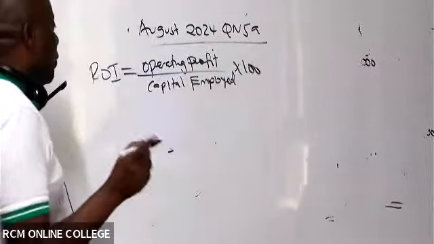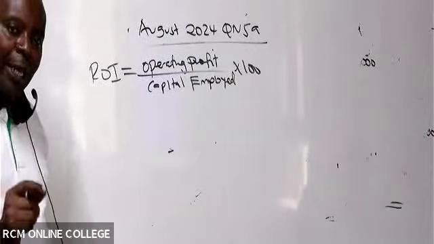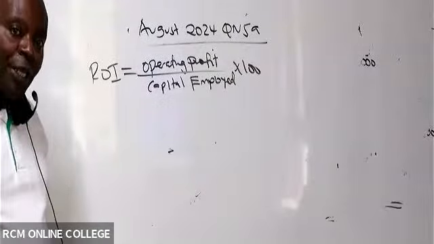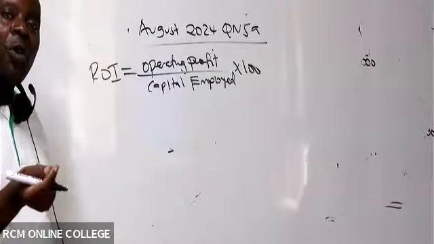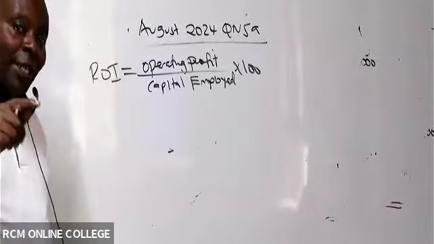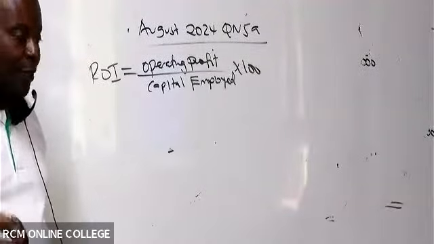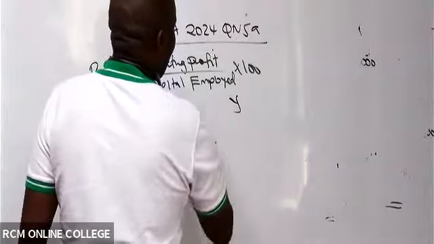Remember, we have 2 types of ROIs: the operating ROI, where you use operating profit, and the net ROI, where you use PAT, profit after tax. We have 2 divisions here, X vis-a-vis Y.